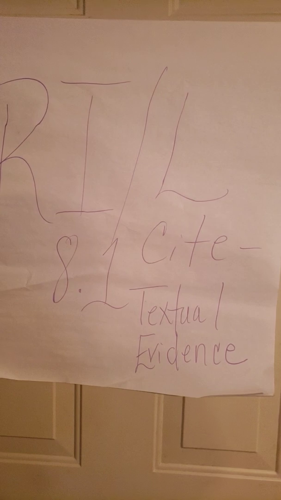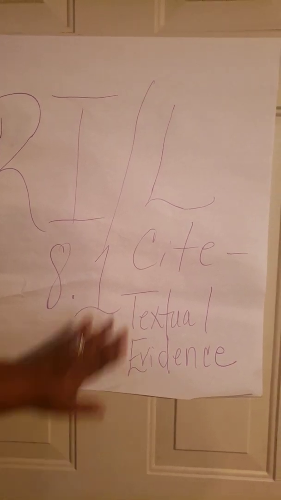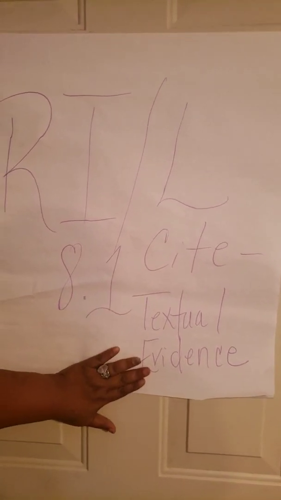8.1, the key things that we need to know about that is when we see the words cite and textual evidence. Anytime it tells us to support or justify an answer, it is asking for us to cite. Well, how do I cite? Where you find the information from, what paragraph, what page, that is your cite. And the textual evidence is actually the lines or the paragraph where you find the information.